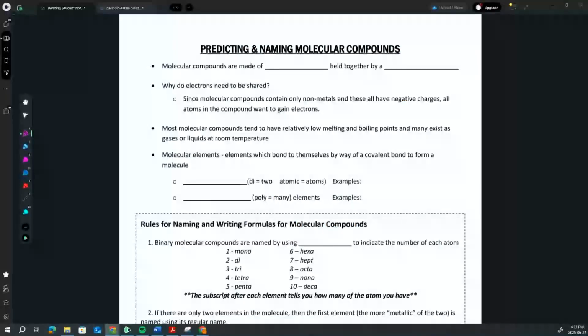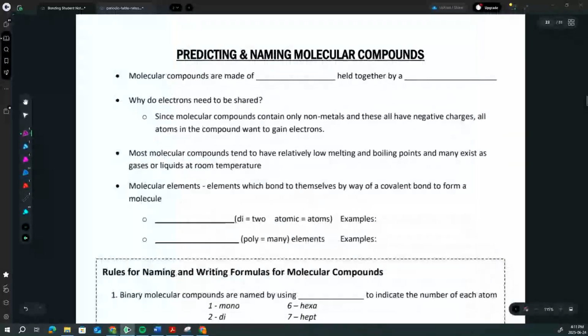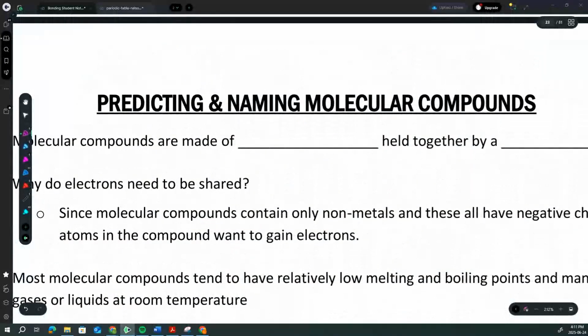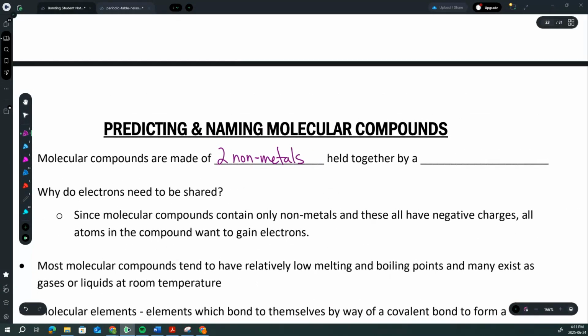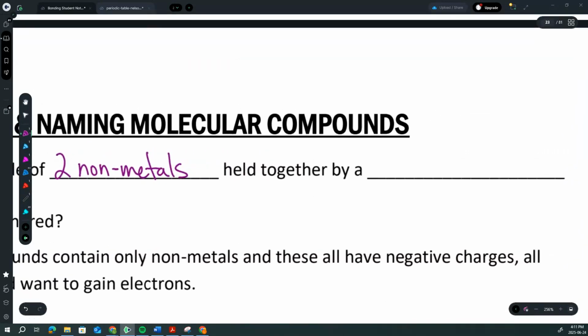All right, so as a reminder, molecular compounds are made up of two nonmetals, and they're held together by a covalent bond. What a covalent bond means is that the electrons are being shared.